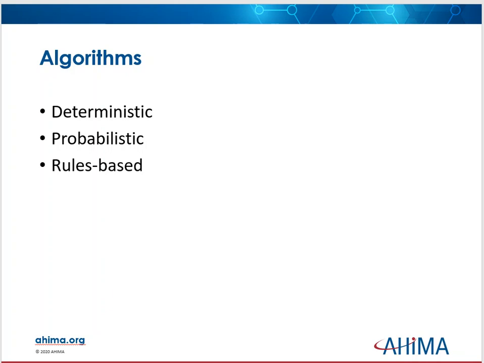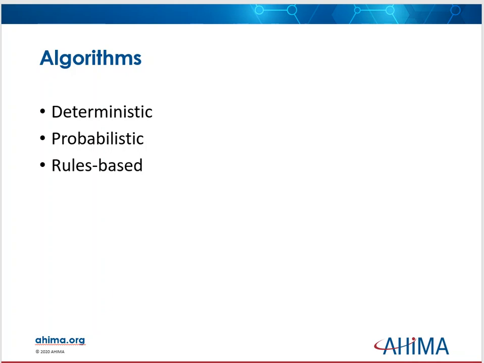That's what's known as the algorithms that are used. You've got deterministic, which means an exact match. So if X, Y, and Z happen, if Mary Smith with the same date of birth and the same address shows up 5 different times, that's exact, it's deterministic.